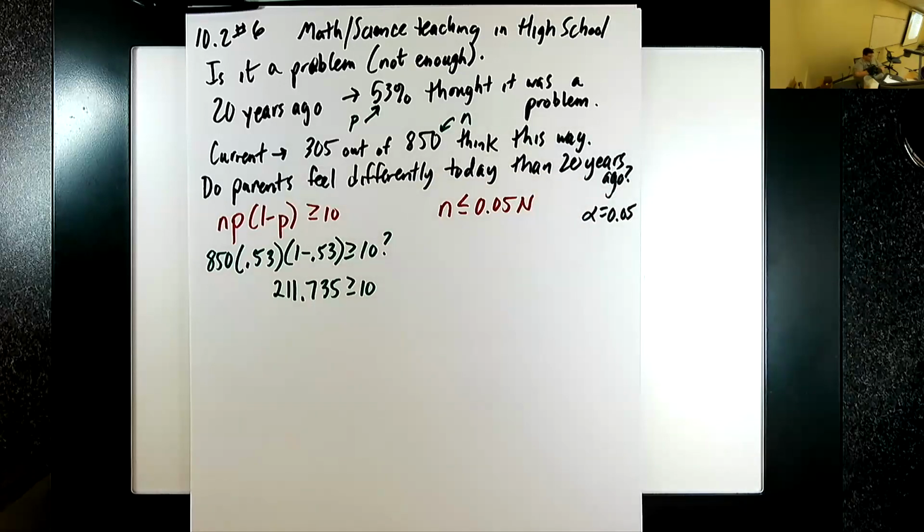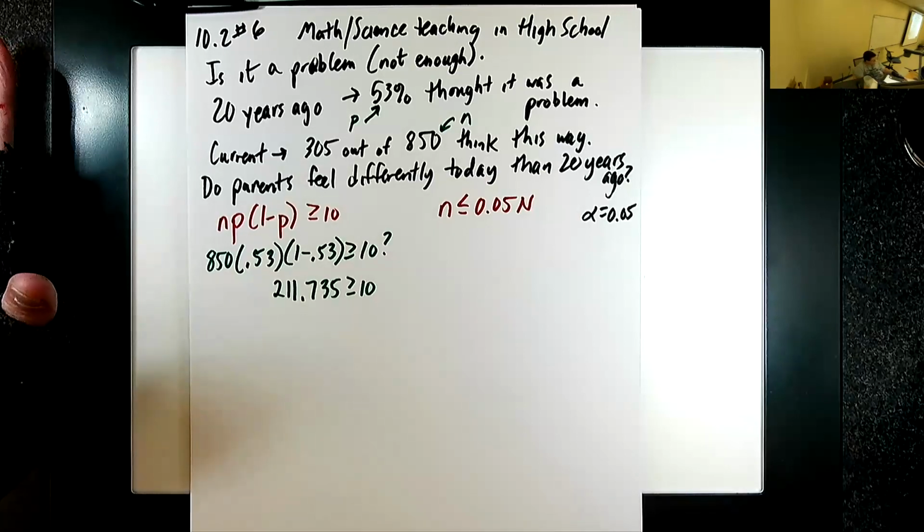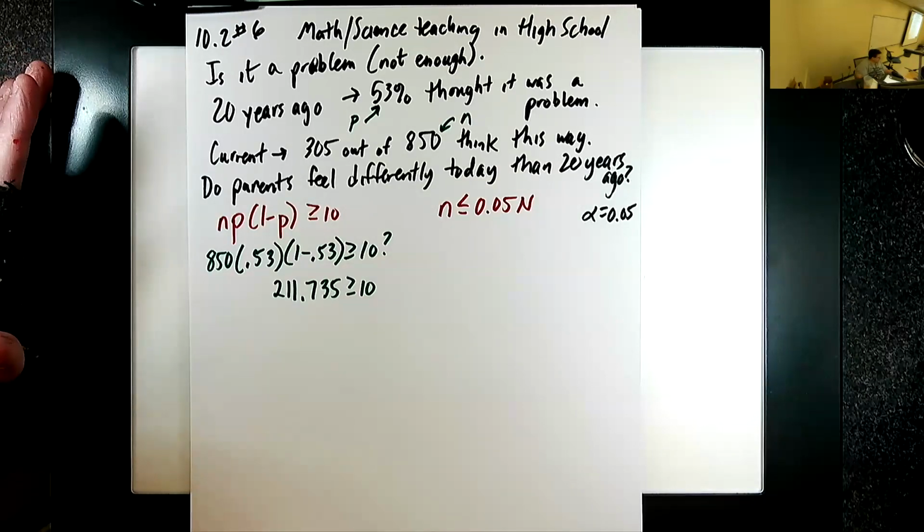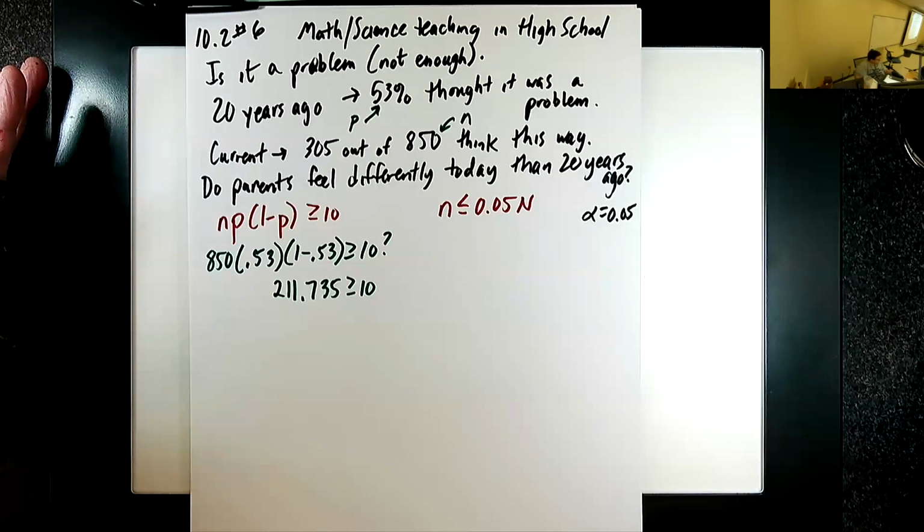Now, I don't know the population for parents of high school students, but I'm pretty sure 850 is less than 5% of them. There's a lot of parents in the country. That's probably like 5% for like half of California, let alone the entire country.